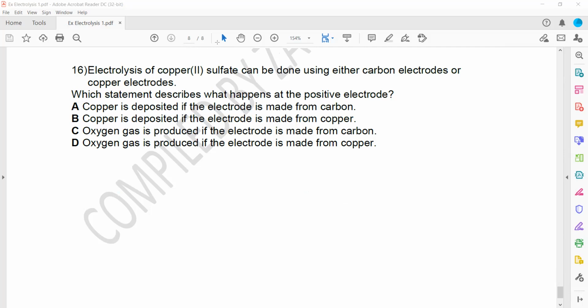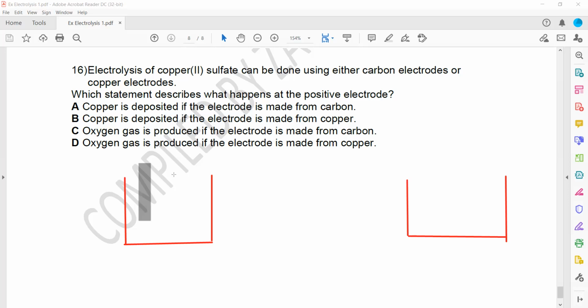So if we have a container, and we are using two types of electrodes. The first case we are using carbon, the second case we are using copper.